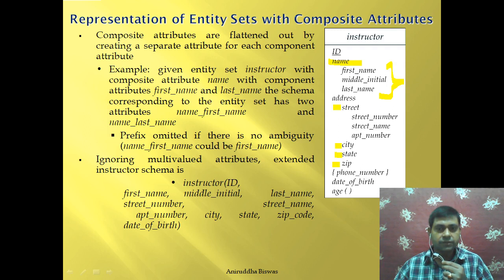Out of these subparts, street is again a composite attribute which has three parts: street number, street name and apartment number. So this is the discussion of composite attributes that can also be created in a database.